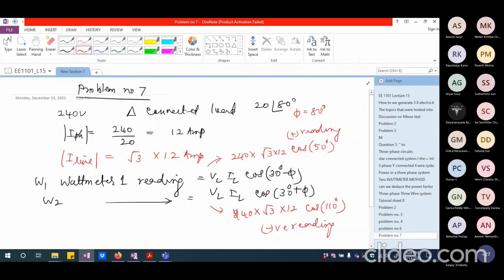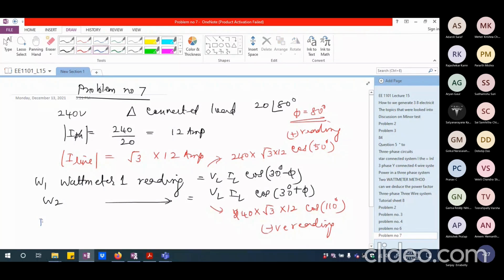So in the 2 wattmeter method, for certain values of phi, for example, if it is greater than 60, definitely I'm going to have one of them as negative and one of them as positive.